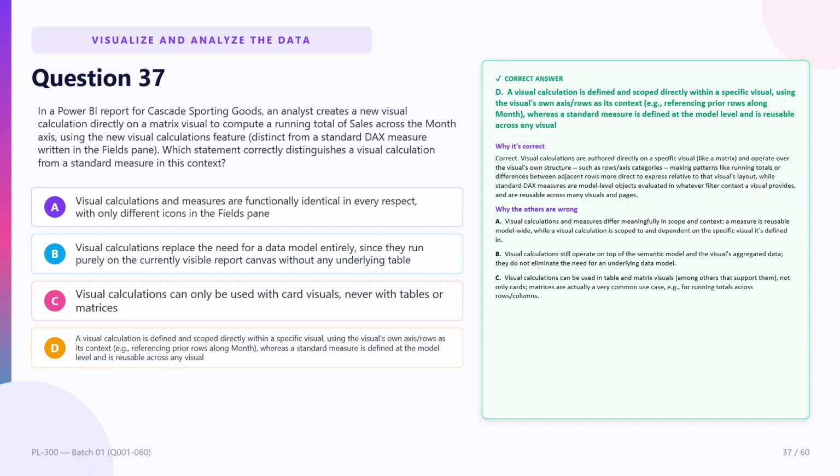Option D. A visual calculation is defined and scoped directly within a specific visual, using the visual's own axis or rows as its context, for example, referencing prior rows along month, whereas a standard measure is defined at the model level and is reusable across any visual. Take a moment and make your choice.